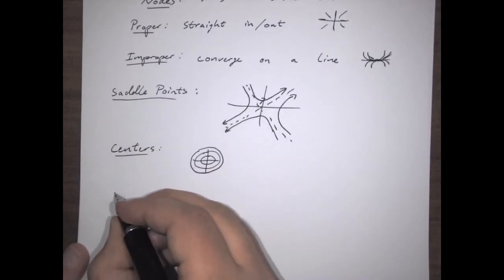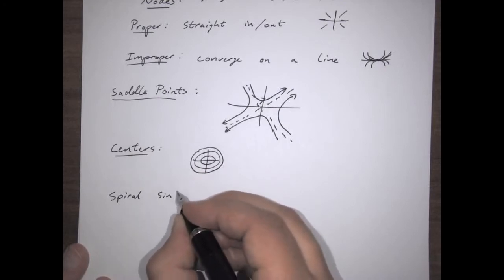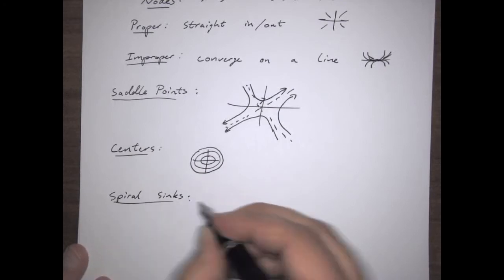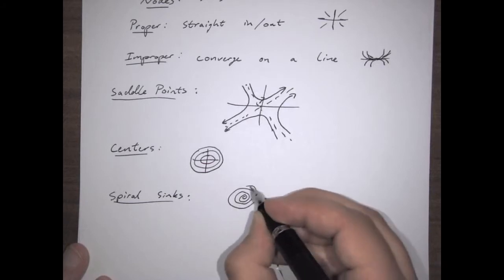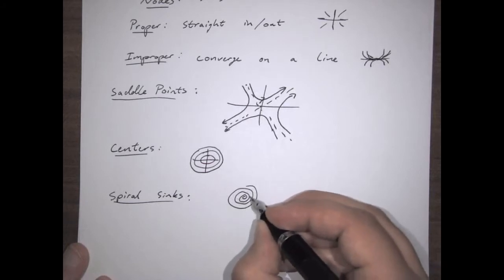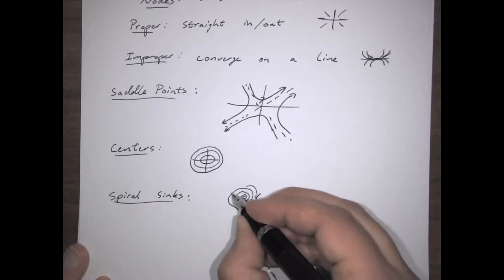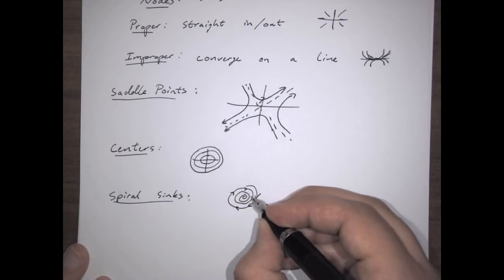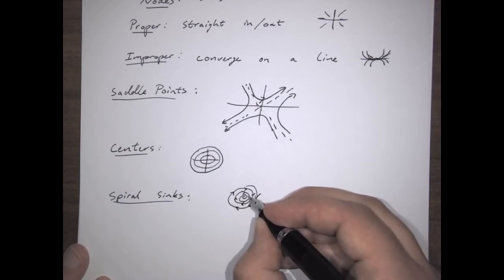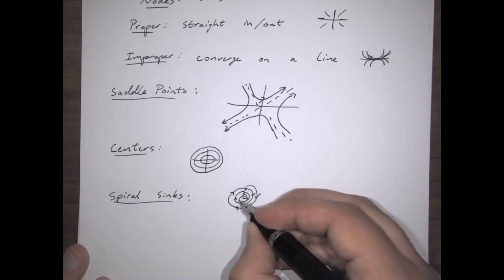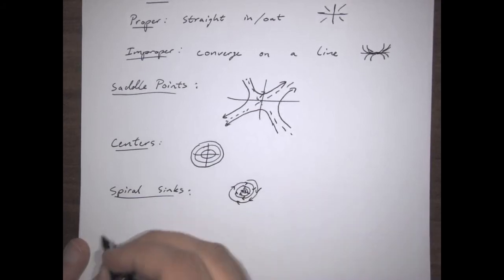And then spiral sinks, where it's going inward. And spiral sources.